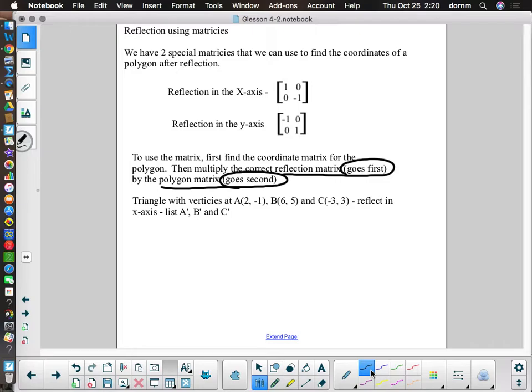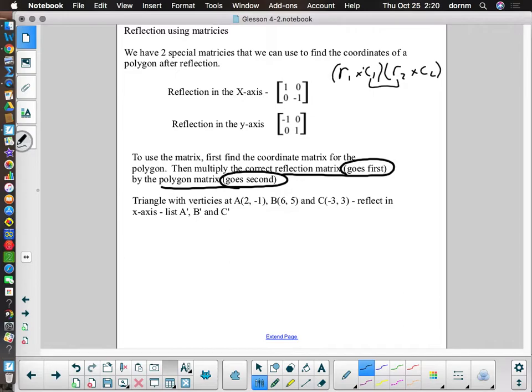Remember that when we're multiplying, rows times columns, row 1 times column 1, row 2 times column 2. When we multiply that, these 2 numbers must be the same. You can't do it out of order. If you do it out of order, you might not get the same thing. In order for this to work, you put the reflection matrix first.